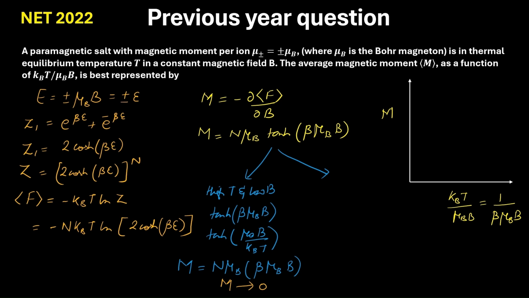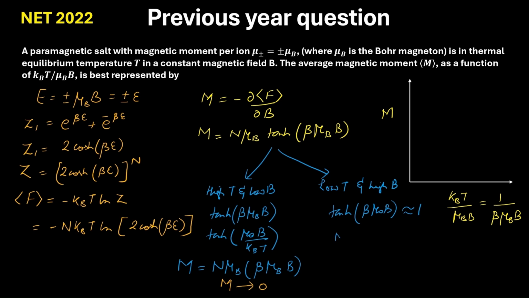In the second case, I will take low temperature and high magnetic field, which means towards the lower value of the x-axis. In that limit, tanh of beta mu_B B will be approximately equal to 1.